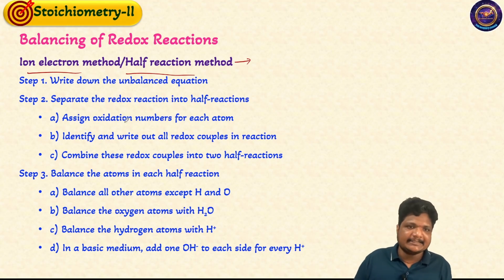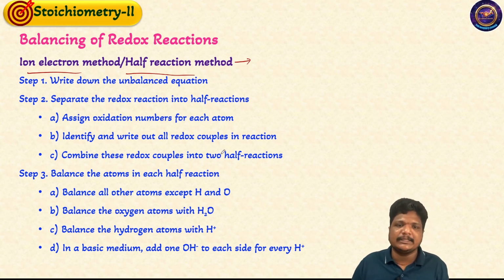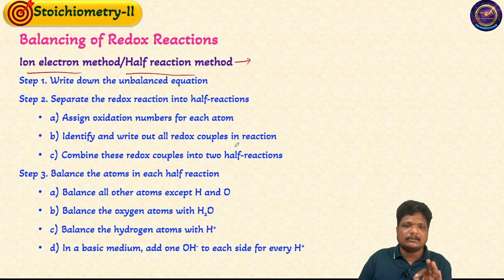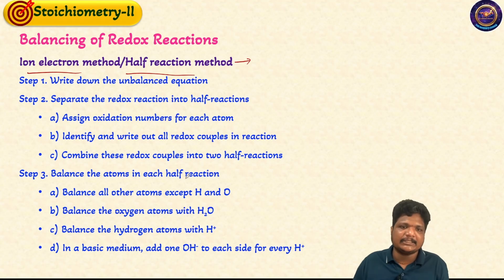Assign the oxidation number for each atom, identify and write out all redox couples in that reaction, and combine these redox couples into two half reactions. So here you have to separate the oxidation half reaction and the reduction half reaction. In step 3, balance the atoms in each half reaction.